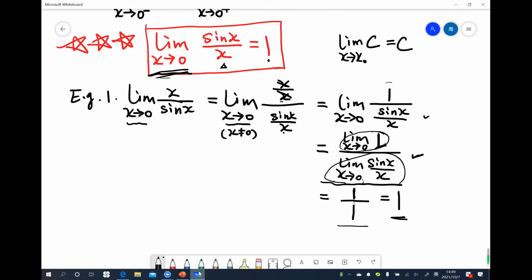So you have to remember that sine x by x as x approaches 0 equals 1. So we can get 1 here. Then 1 by 1 equals 1. That is how I get that. So which part you didn't understand? Oh, okay, Laushi, got it. Okay. So other questions?